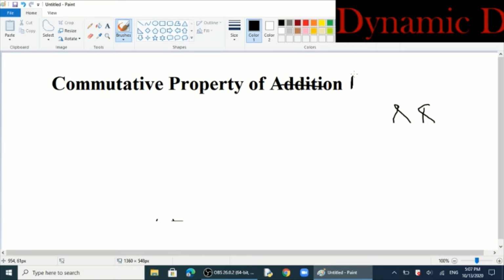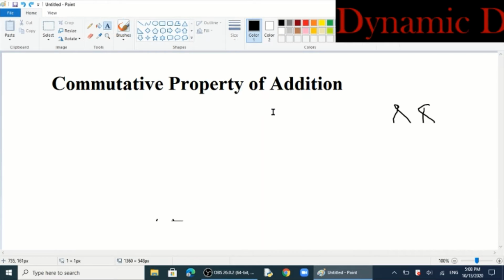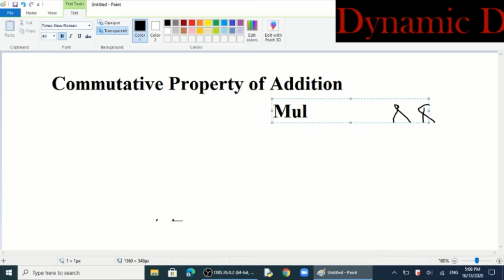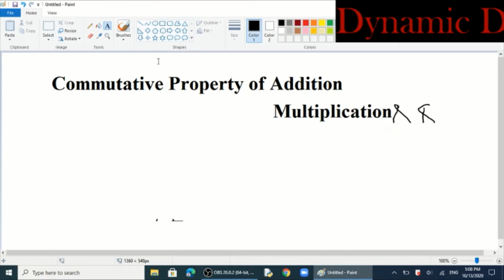I'll just write multiplication. I can't spell it. Okay, I'm just going to type it. Multiplication. So not addition, but multiplication.